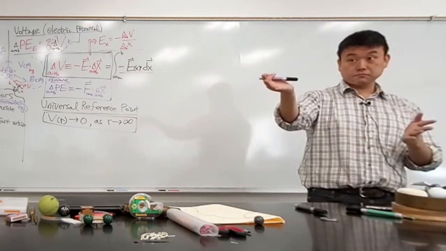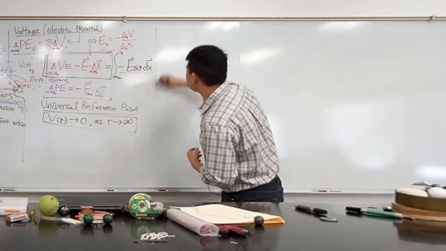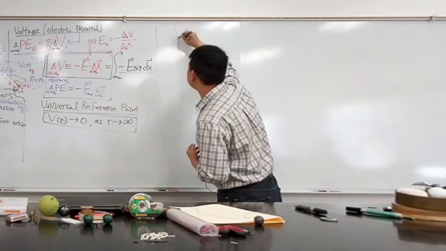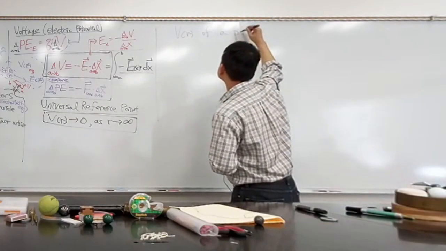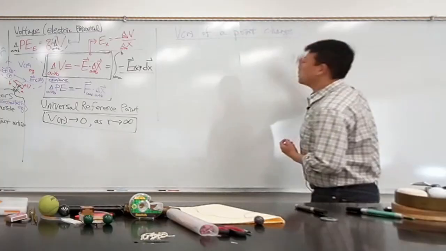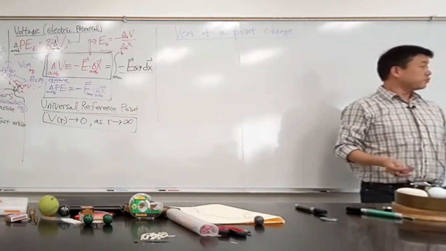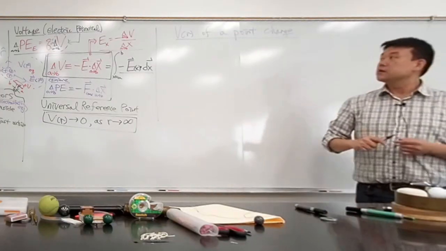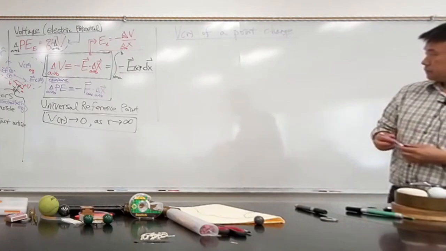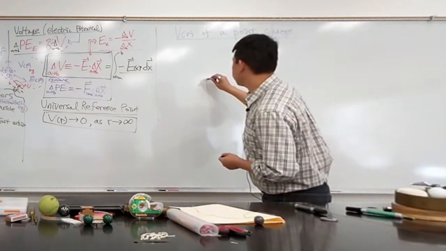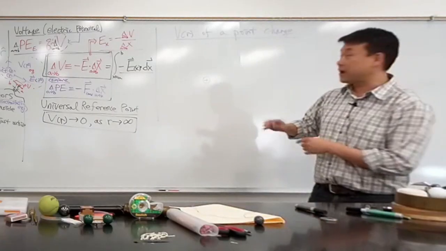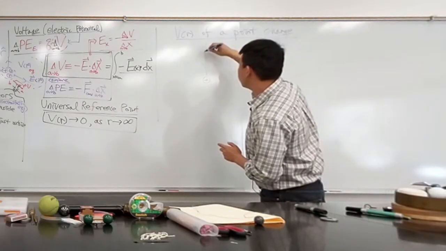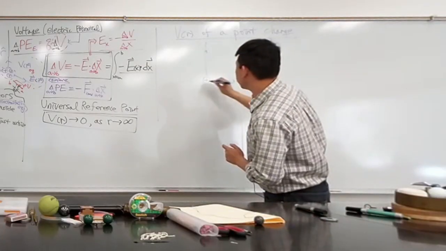Any questions or comments? Okay. The first example I want to go over is the voltage formula of a point charge. This is one of those formulas that's going to be useful to remember. So imagine I have a point charge here. If it helps you, draw electric field lines so that you can visualize what the effect of that point charge is.